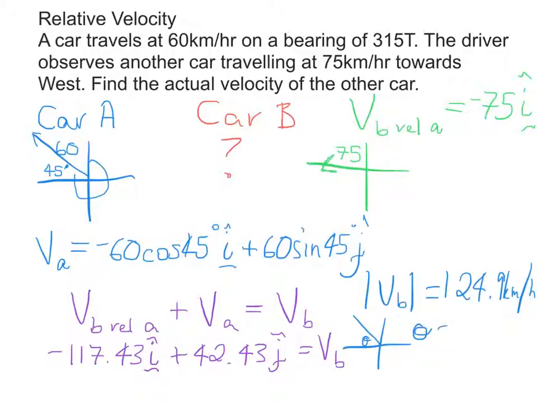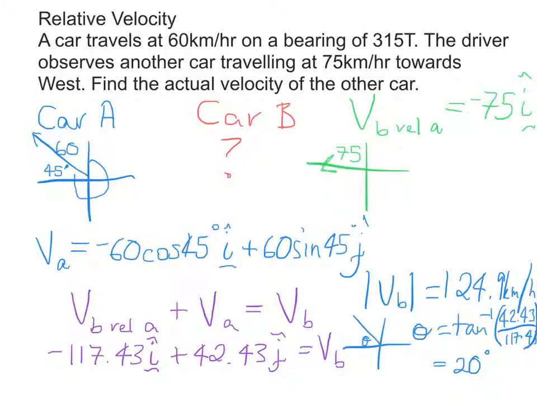So theta equals the inverse tan of 42.43, I'm running out of room, divided by 117.43. And that gets you roughly 20 degrees.